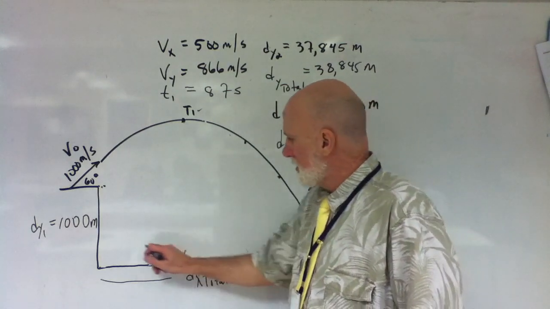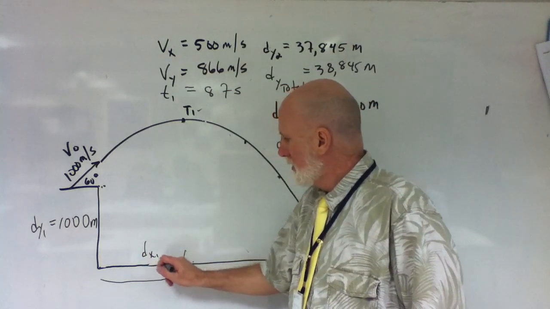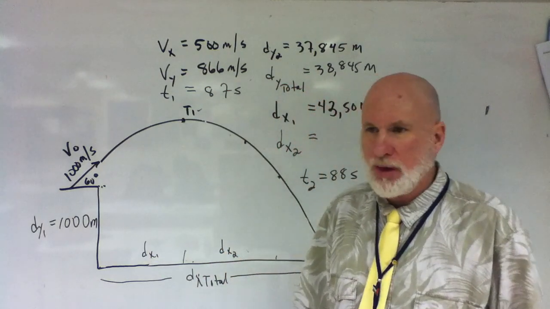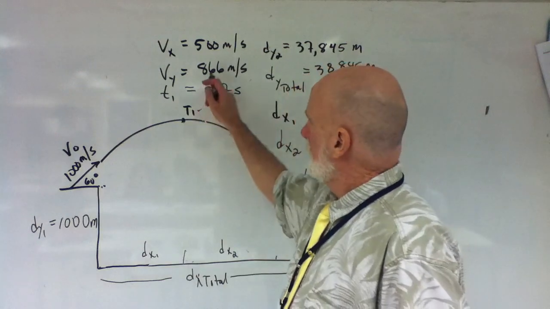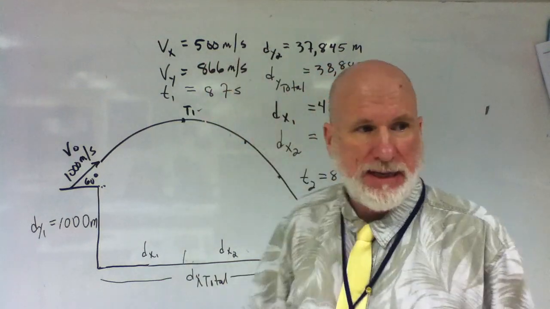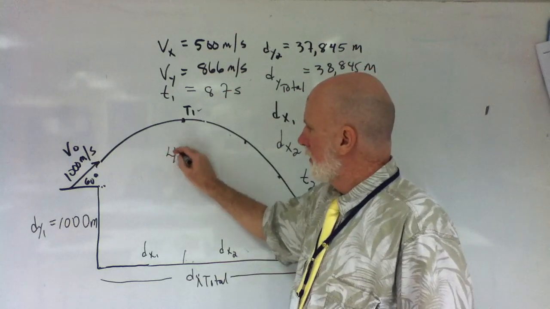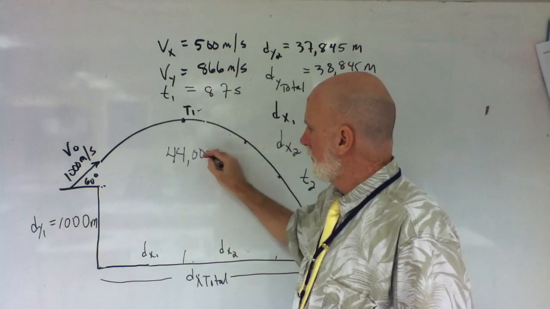Okay, so this is dx1, this is dx2, correct? So what is 500 times 88? 44,000. 44,000 even? Yeah.